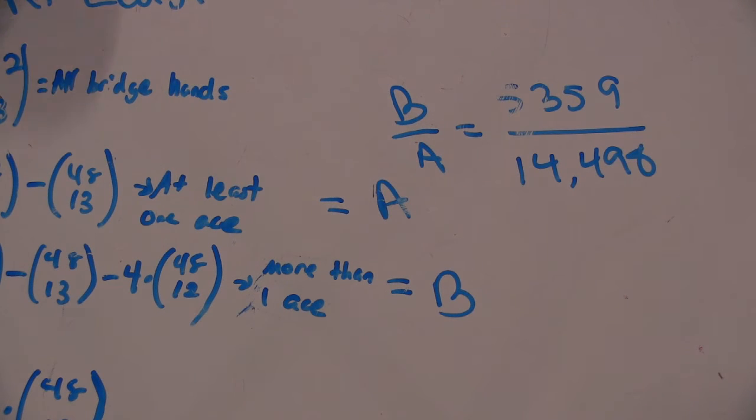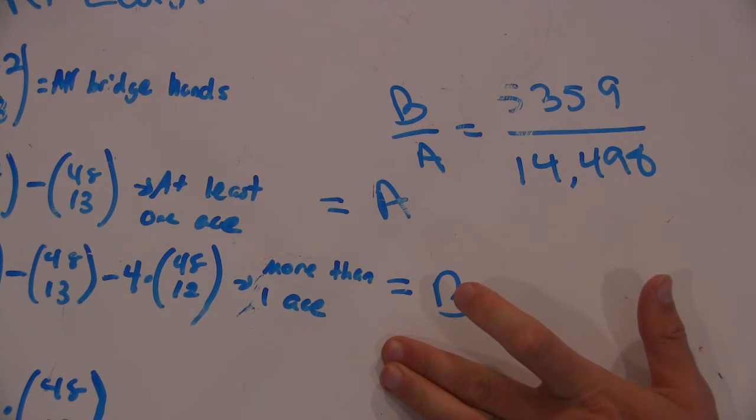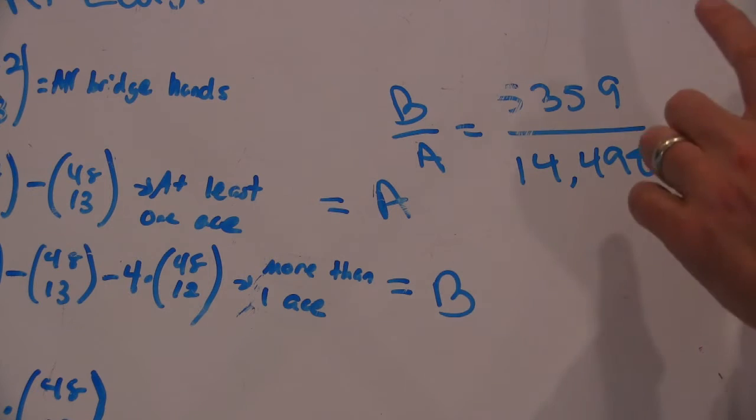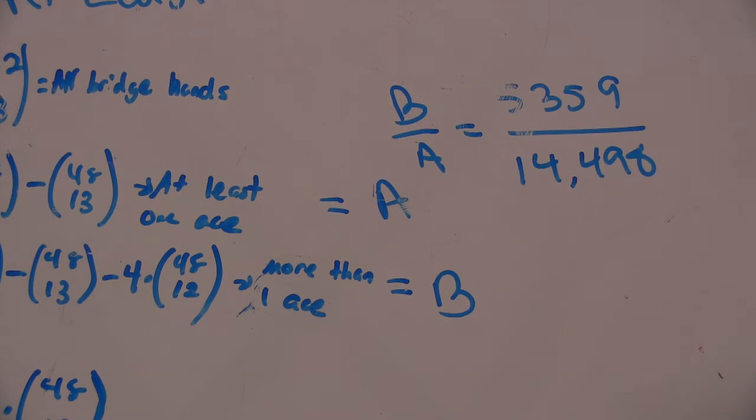Well, we're doing actually kind of the opposite of that. We're doing, if you have the ace of spades, what's the probability that you have more than one ace? But let's do it the way the problem is.